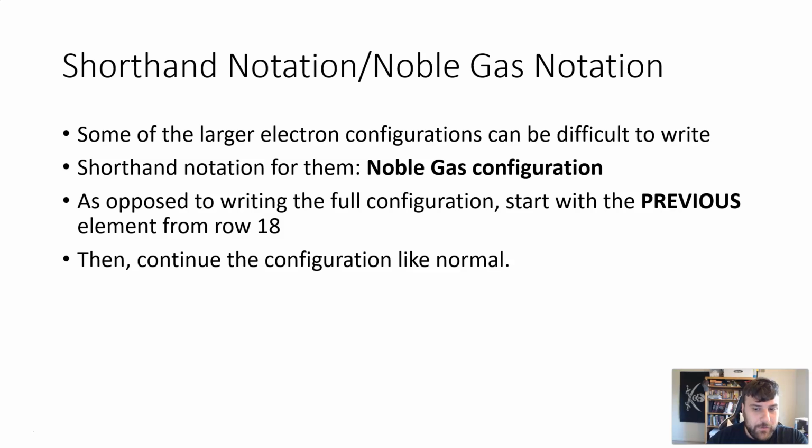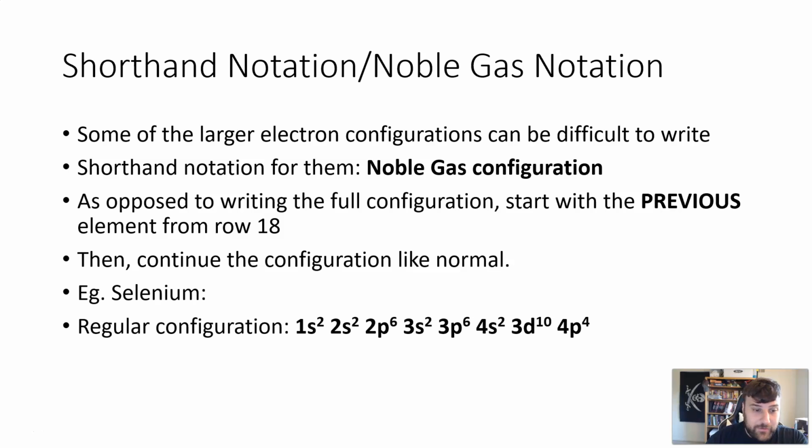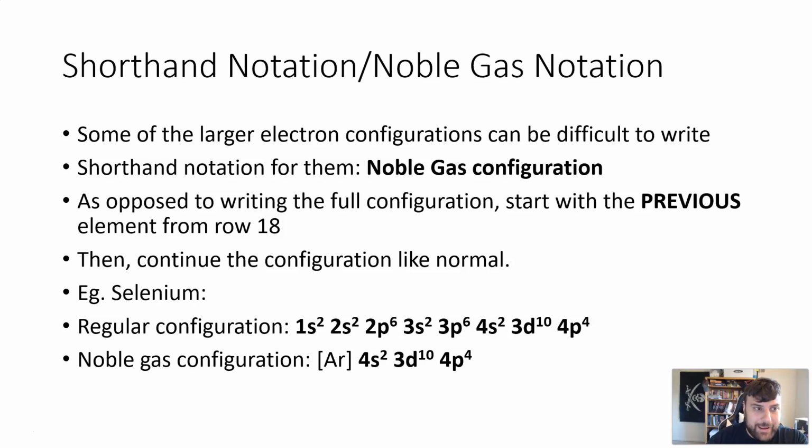So, for example, the one that we did on that last question, selenium. Selenium's configuration, as we said, is shown. The way that we would write this is, if you look at the row right above where selenium is, the last noble gas was argon. So we would put in brackets Ar for argon, and then we just pick up where we left off.